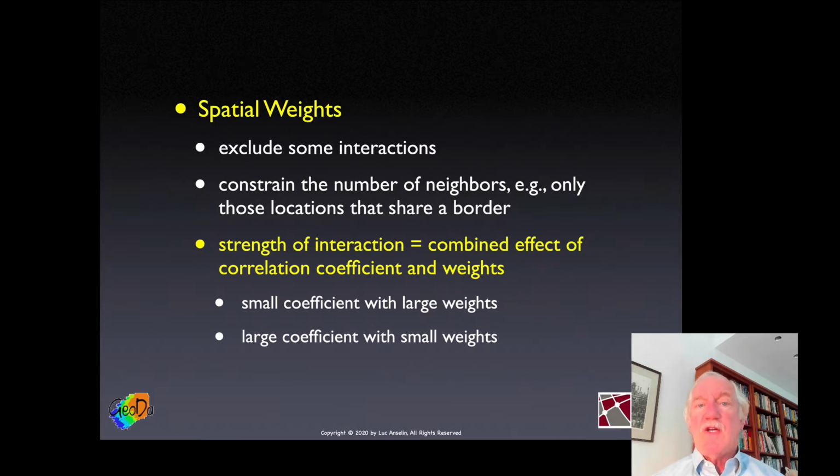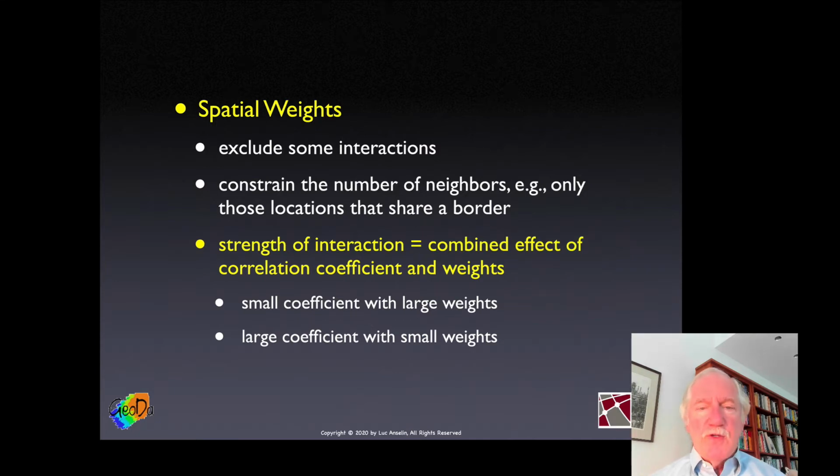So if that interaction with a few neighbors is already systematically stronger than it would be under randomness, then that definitely will be the case when you look at even more neighbors. So the point of the spatial weights is to constrain the number of neighbors. So we have, as we will see later, a sparse matrix, meaning a matrix with lots of zeros in it.